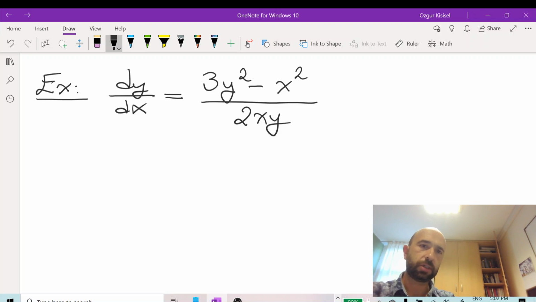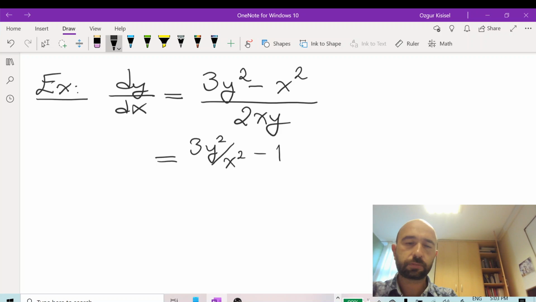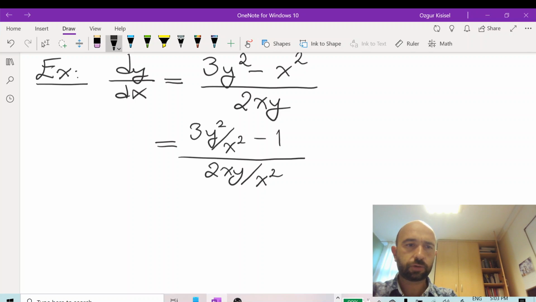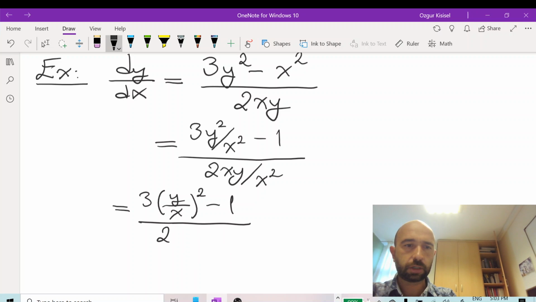It is homogeneous because I can divide both numerator and denominator by x squared, and rewrite this as 3 (y over x) squared minus 1, divided by 2 times y over x.